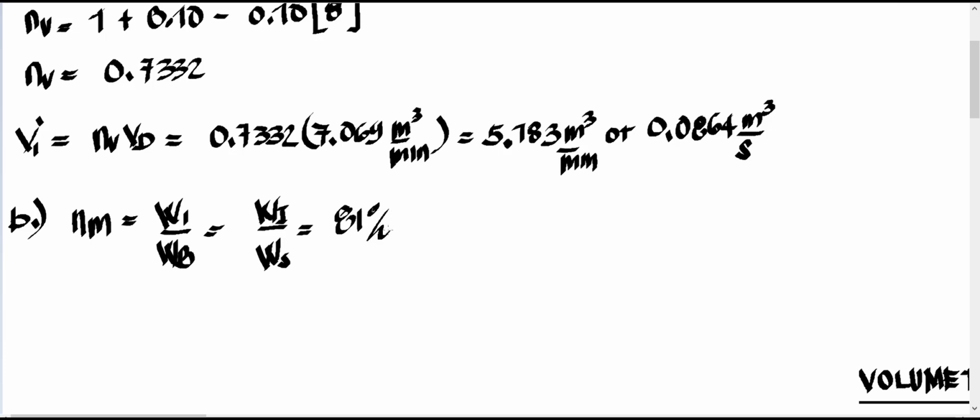So this is equal to 81%, and this is equal to the indicated work, which is inside the cylinder. So what will be the work inside the cylinder?